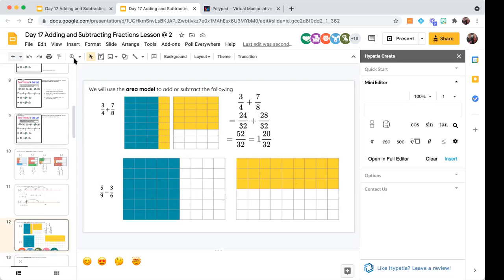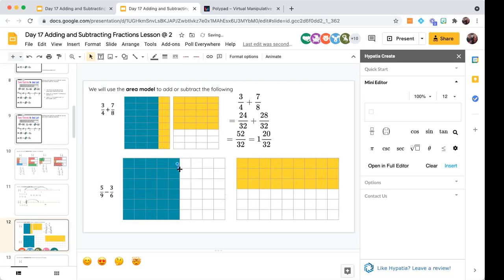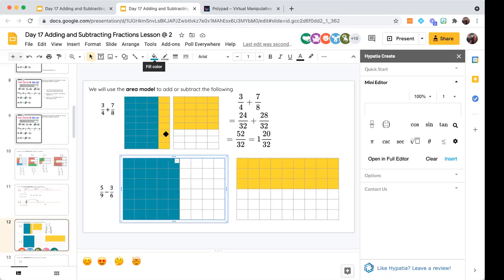Let's indicate 27 of them by turning them red or putting an X in the box. It doesn't matter how you do that, whatever is easiest for you, but we know that take away means we need to get rid of something. So I'm going to turn the boxes red that we need to get rid of. We need to get rid of 27 boxes, right? 3 times 9, so 27 boxes.